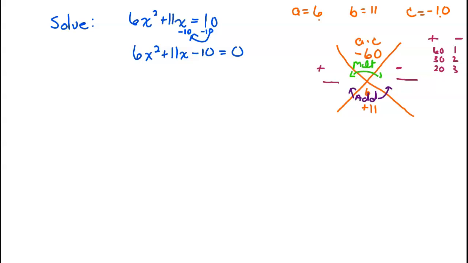Notice that these two things added together, positive 60, negative 1, would give me a 59. 30 and a negative 2 gives me 28. 20 and negative 3 gives me 17. 4 and 15. Oh, right there. 15 and negative 4. That's what I would consider my magic numbers. There's only going to be one set of them.